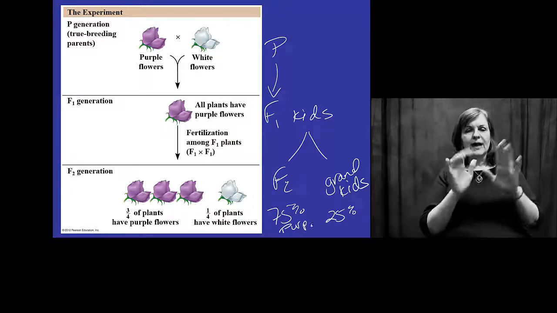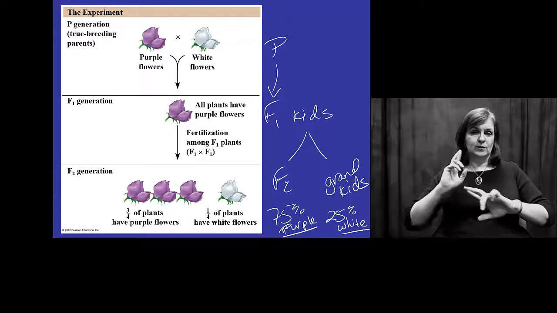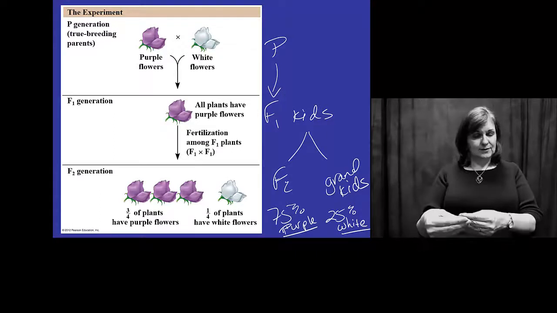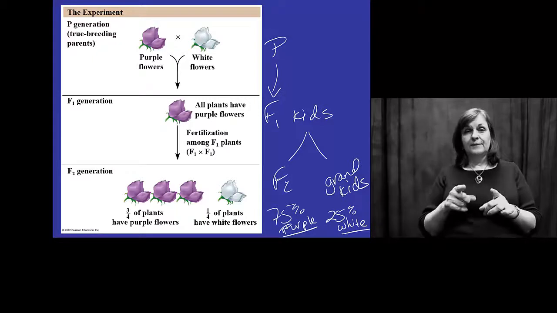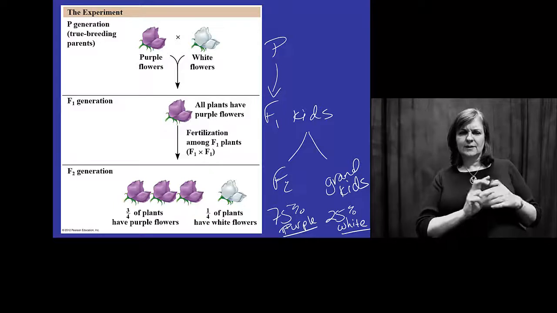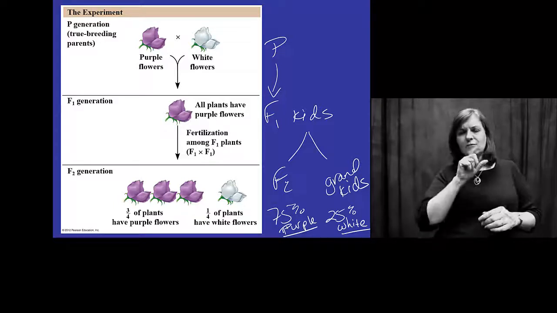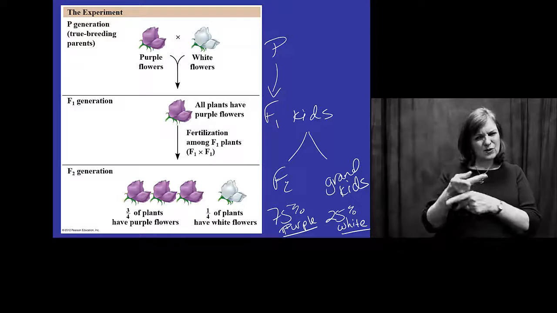Okay, we know now that that is a standard genetic response to what's going on with inheritance, and we'll look at this more and think about why it happens. But this is really what led him to say, all right, biology's great, pea plants are terrific, I love being a monk, but I still have to apply some math to this.